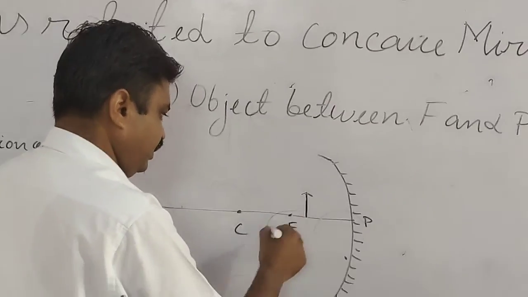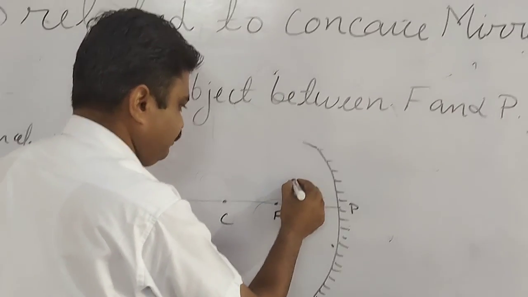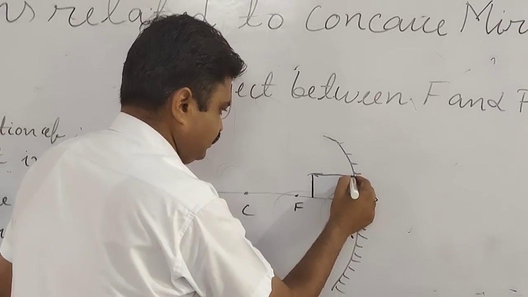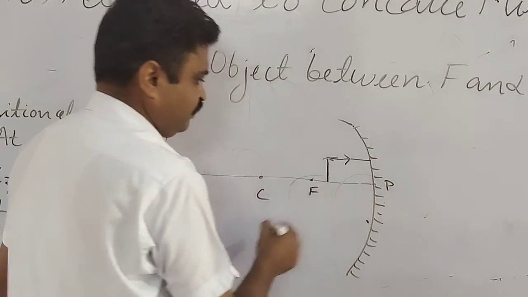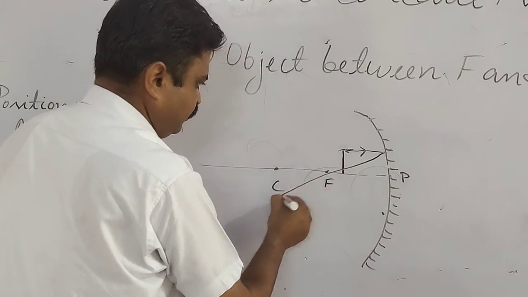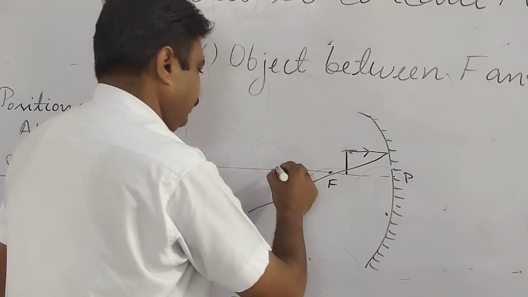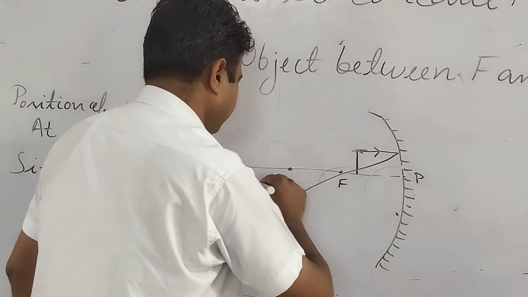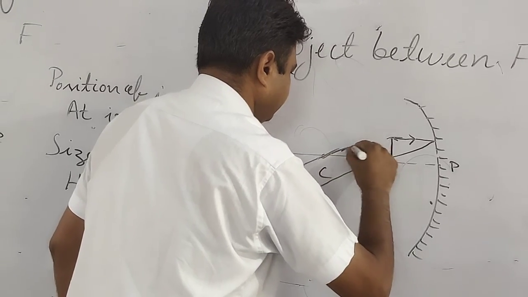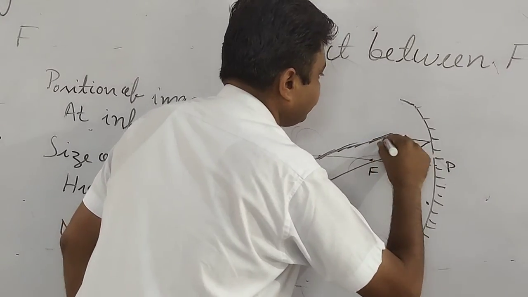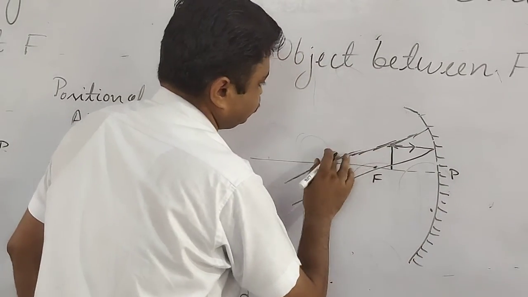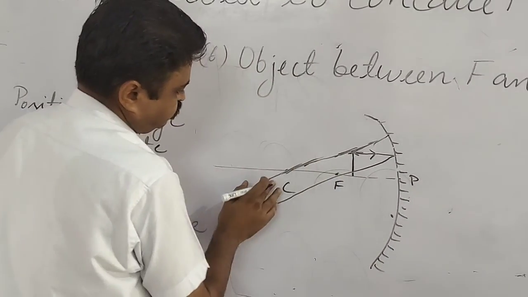Now the image will be formed. Again we will pass the line from here, and it will pass from the focus, and again we will pass the ray from the center of curvature.